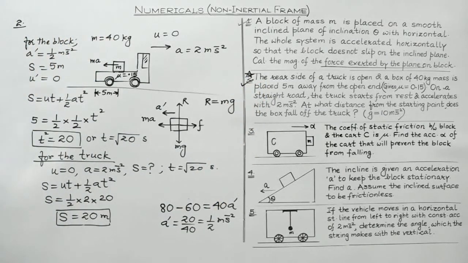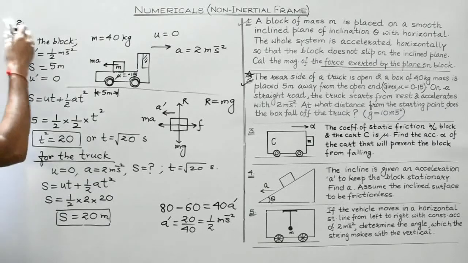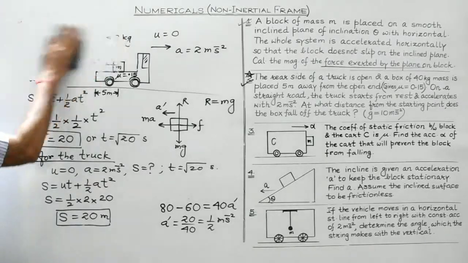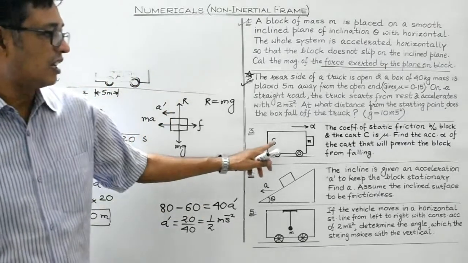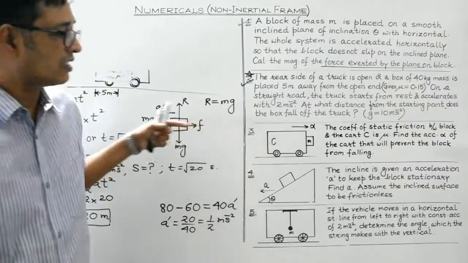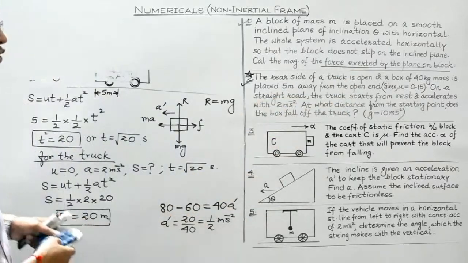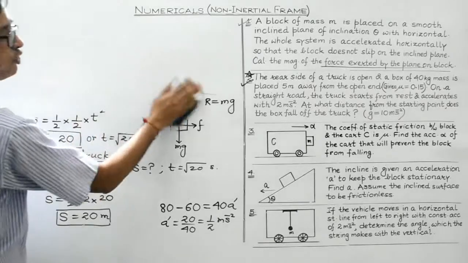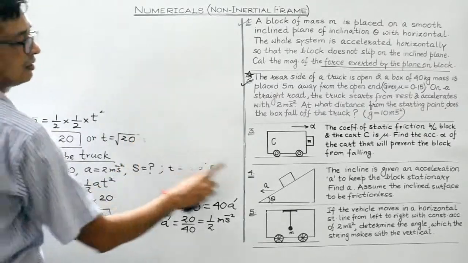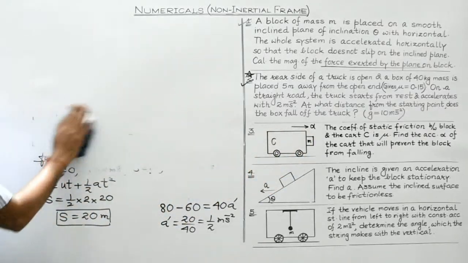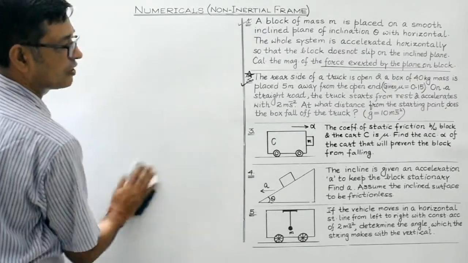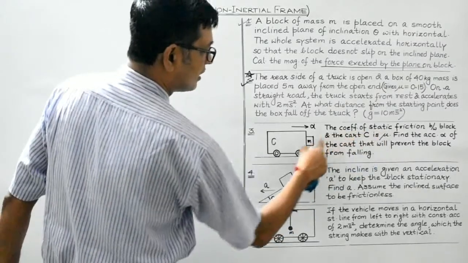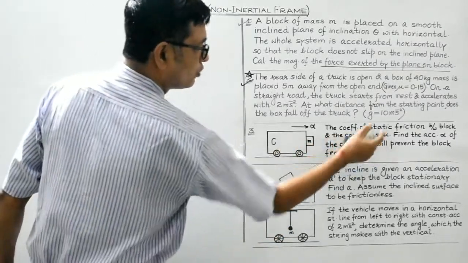So we are over with question number 2. Let's proceed with the next question then. Let's start with question number 3. Now concentrate on the diagram, students. This is a cart given and it is accelerating from left to right, and the acceleration is given to be alpha, and this block of mass m is also provided, and the coefficient of static friction between the block and the cart C, between these two surfaces, is given to be mu.